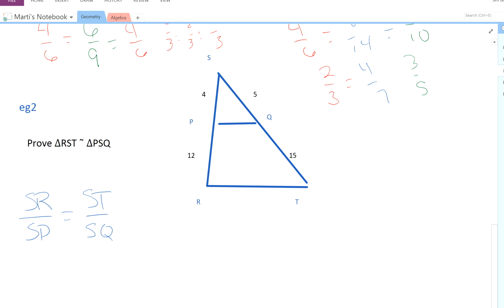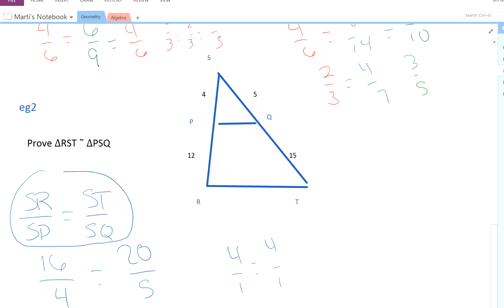Okay, so look at those. What's the length of line segment SR? It's going to be 16, right? SP, just 4. ST, 20. SQ is 5. If you reduce those, you definitely get 4 over 1 equals 4 over 1. So you know this is definitely true, that these sides are proportional.